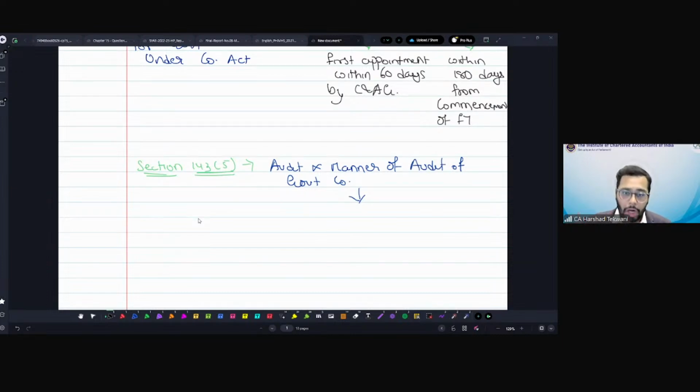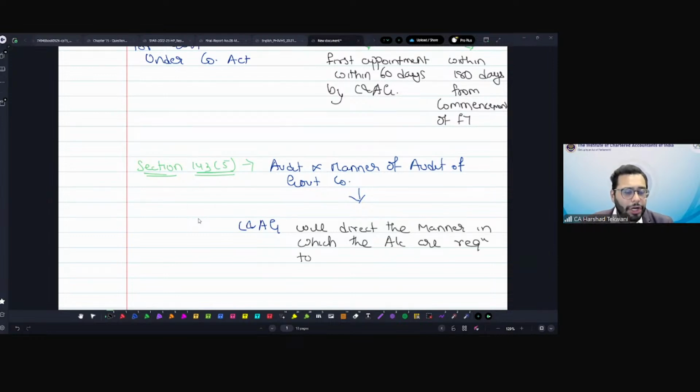But along with the appointment, C&AG will direct such auditor in the manner in which the accounts are required to be audited.